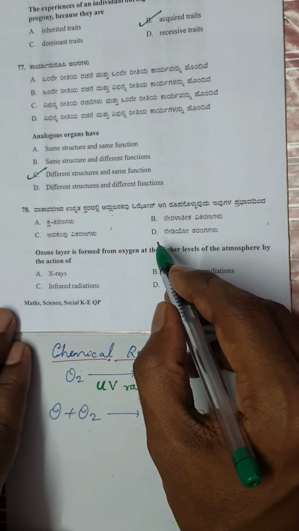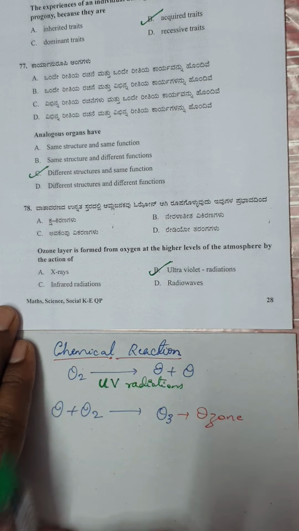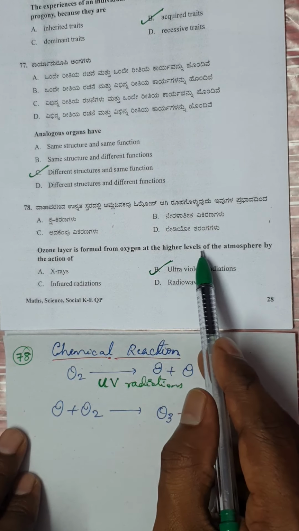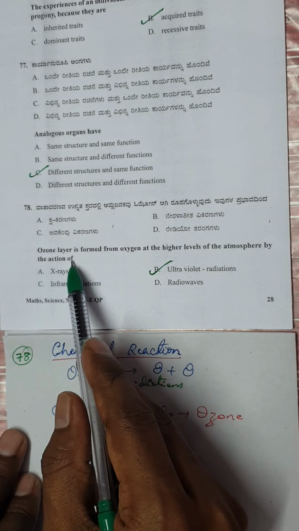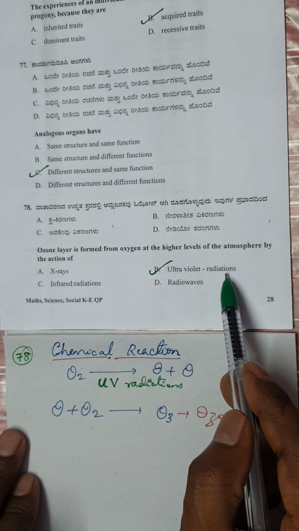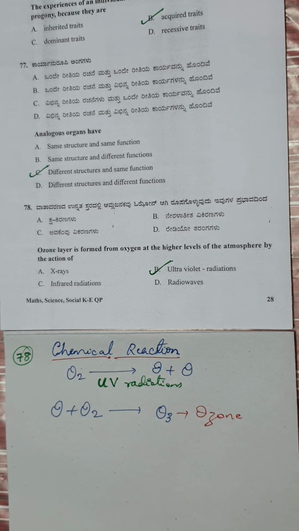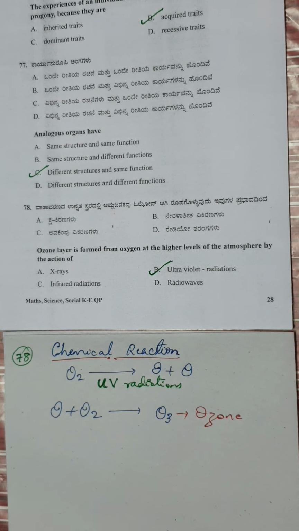So the option is option B. Let's read the question once again. The ozone layer is formed from oxygen at the higher levels of the atmosphere by the action of ultraviolet radiations, or with the help of UV radiations. So that concludes question number 78 also.